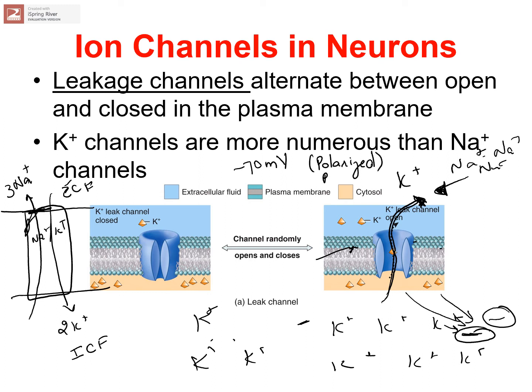Polarized because there are a lot more positive charges on the outside than the inside of the cell. Okay? And when you disturb the resting membrane potential, it generates an action potential or an electrical impulse. And these ions, like sodium and potassium, are called electrolytes. Electrolytes are very, very important in normal functioning of the body.